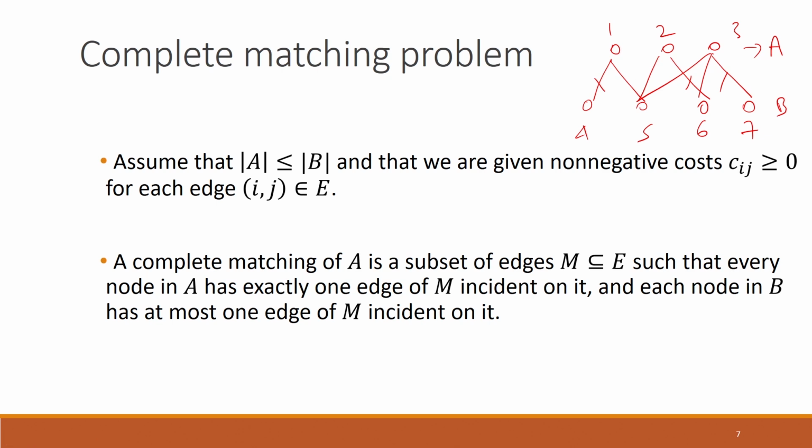Now all the 3 nodes 1, 2 and 3 have exactly one selected edge incident on them. Now let us look at whether the other condition is satisfied, that each node in the set B has at most one selected edge incident on it.